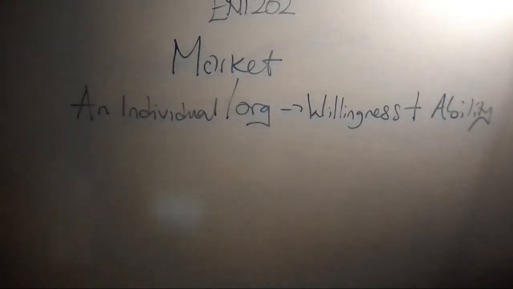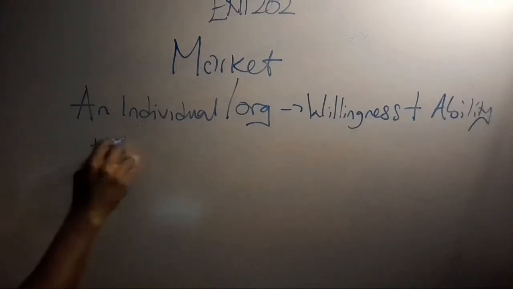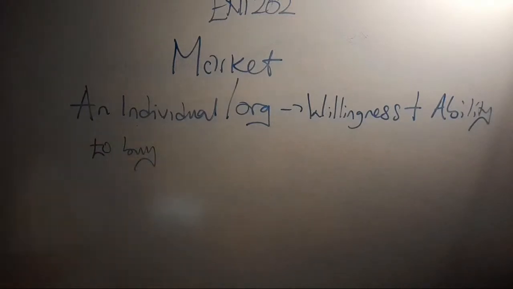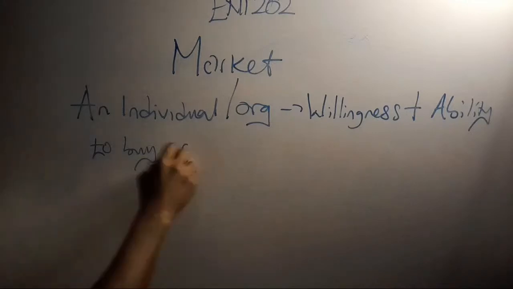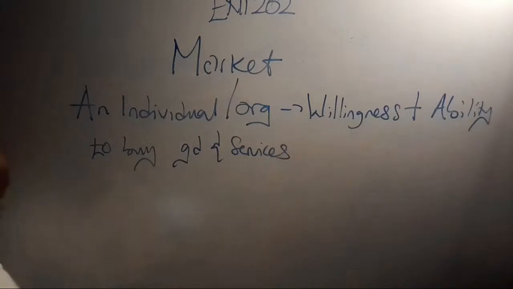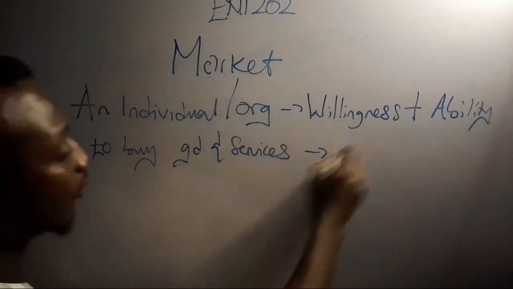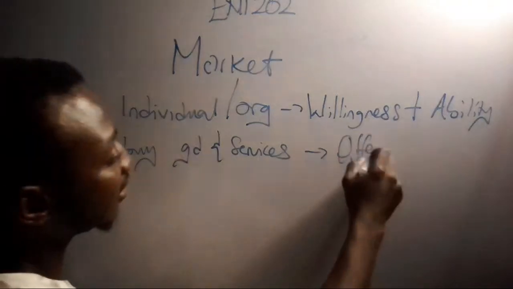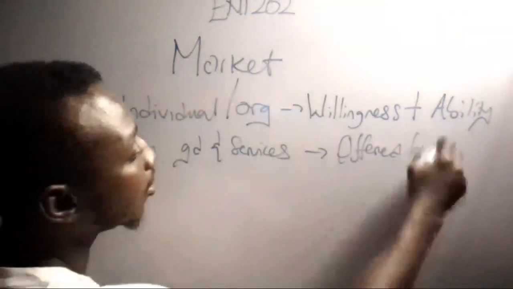So willingness coupled with ability to what? To buy goods and services that have been offered for what? Offered for sales.